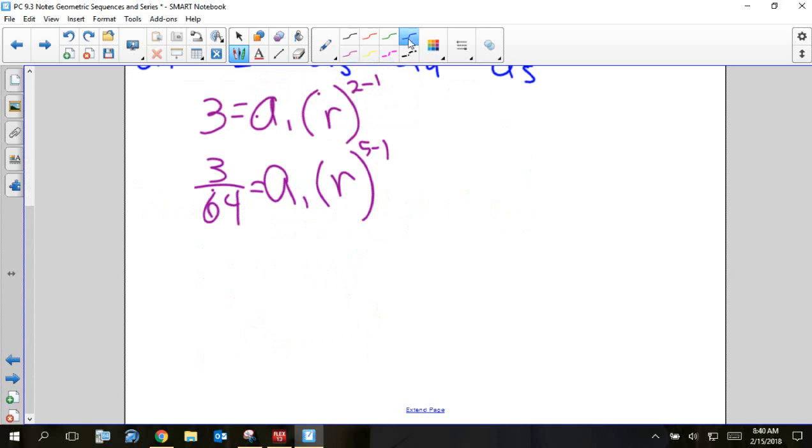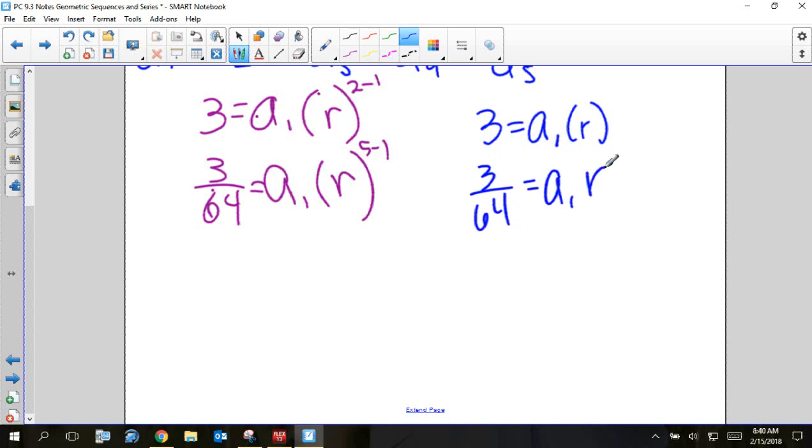I'm just going to simplify these. I'm going to have 3 equals a sub 1 multiplied by r to the first, and 3/64 equals a sub 1 multiplied by r to the fourth. We have 2 equations with 2 variables. You can either use substitution or elimination, but elimination does not work.